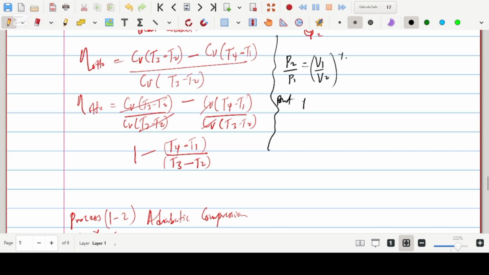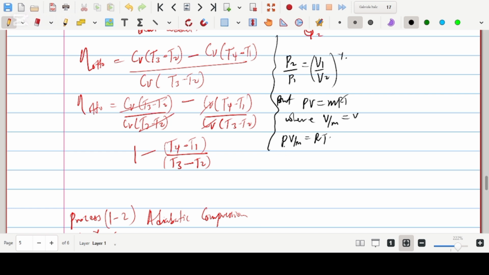But PV is equals to MRT, where V over M is equals to small letter v. This capital V is the actual volume, and this small v is the specific volume. For every volume that you're having in the calculation, it's mostly specific volume. Is that taken? Then if I divide by M, I'm going to have Pv equals RT.